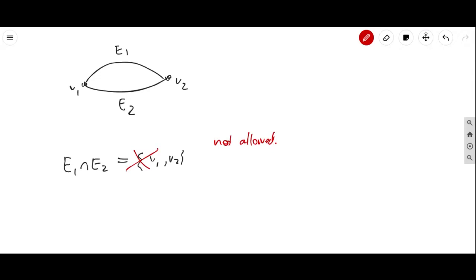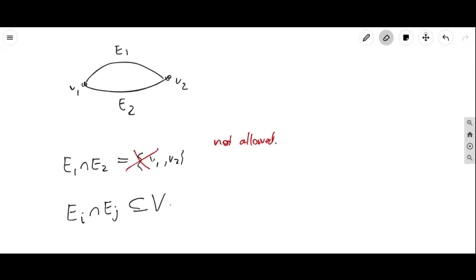Why not? Because we're trying to keep the definition simple. You could allow it if you want, but then you have to slightly change your definitions. You would say that EI intersect EJ is a subset of the vertex set, as opposed to being either empty or a single point. You would have to say it's some subset of the vertex set, because then you allow things like that to happen.